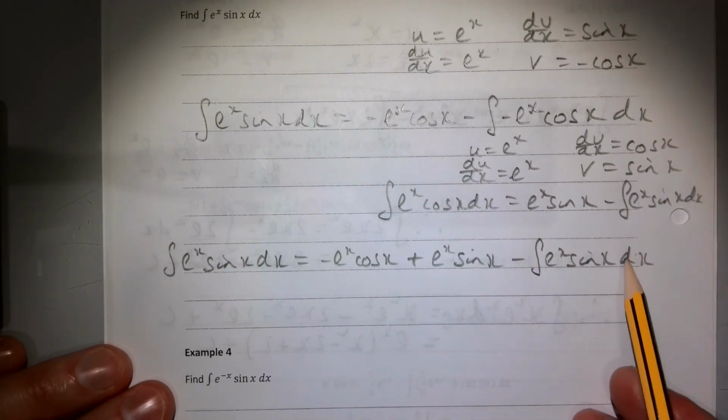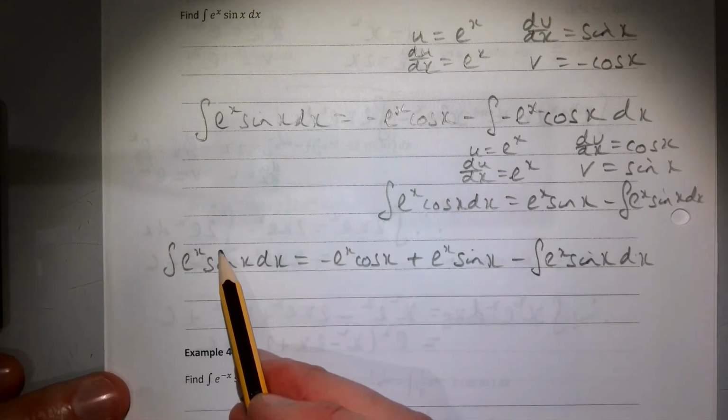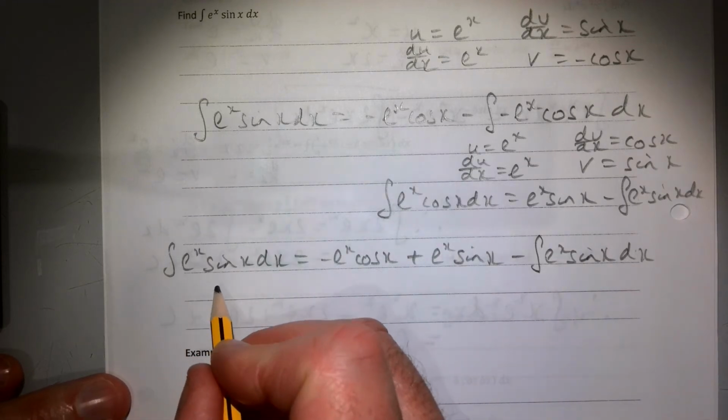So here's the question, and here's the question here. So we can take this over to the other side, and then we get 2 of the question.